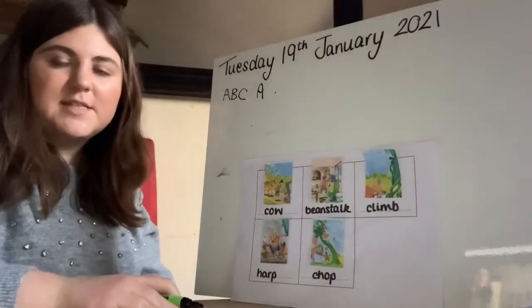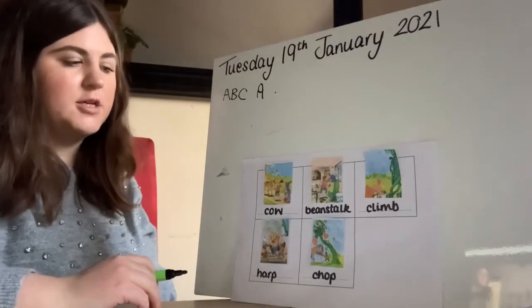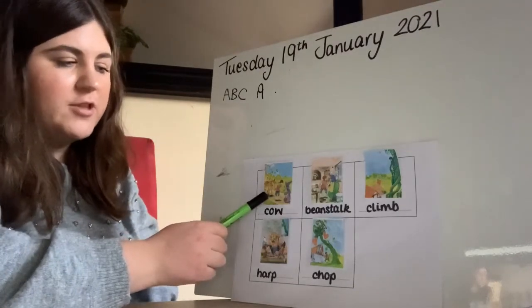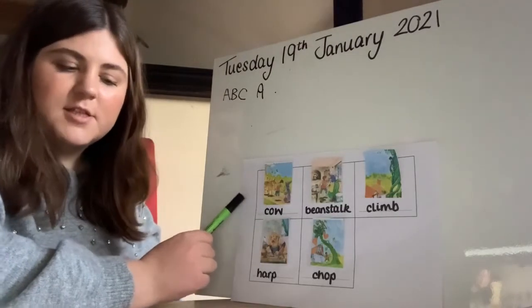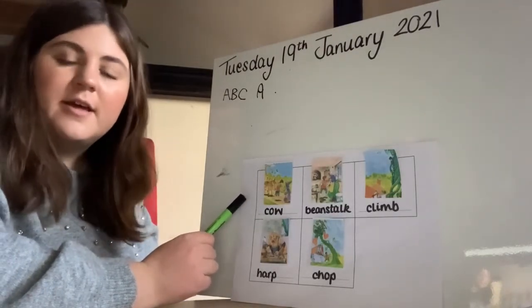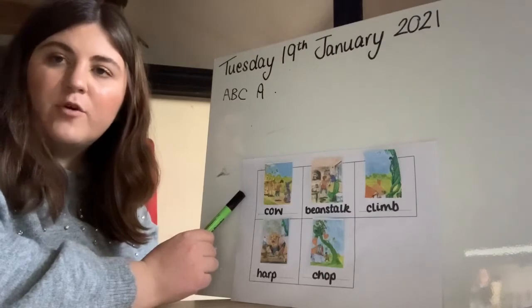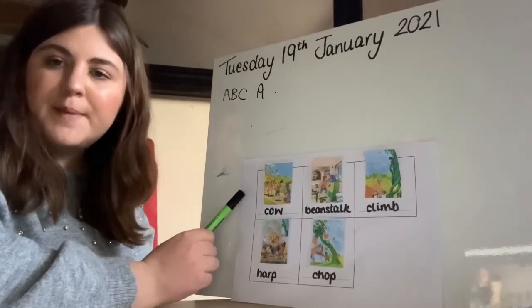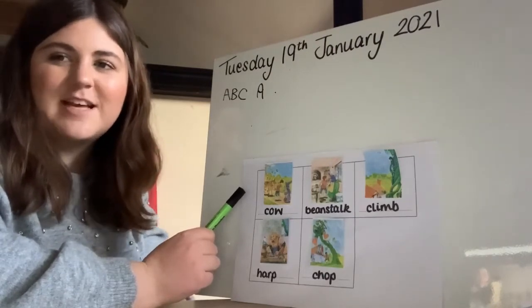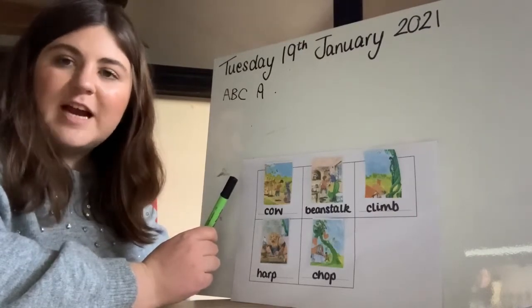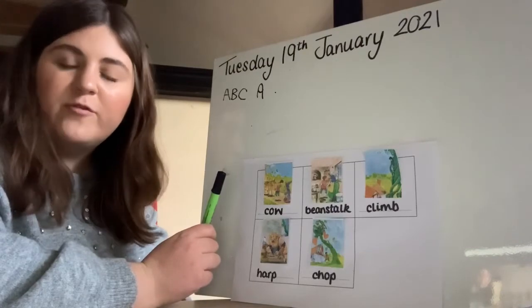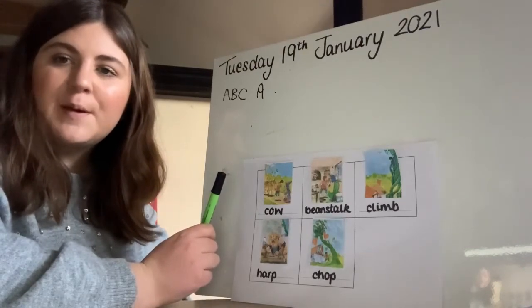Okay, so this first sentence we are going to write together. For this picture, I've come up with the sentence: on the way to the market, Jack sold his cow for 5 magic beans. See if you can say it with me. On the way to the market, Jack sold his cow for 5 magic beans.